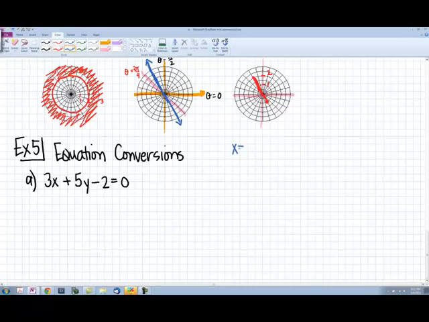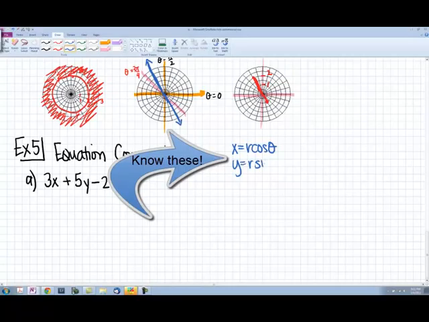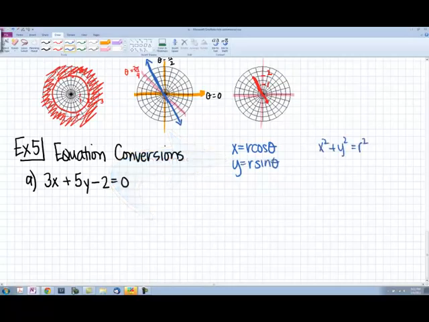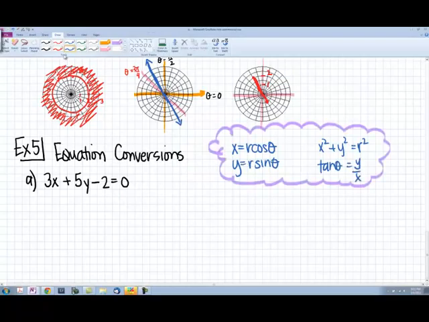Our conversions that we use: x equals r cosine theta, y equals r sine theta, x squared plus y squared equals r squared, tangent theta equals y over x. I want to write this equation in polar form, so that means I want to replace all the x's and the y's.